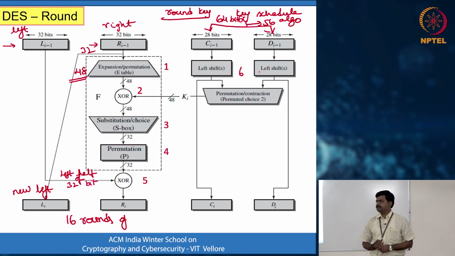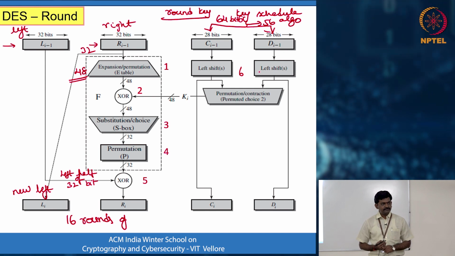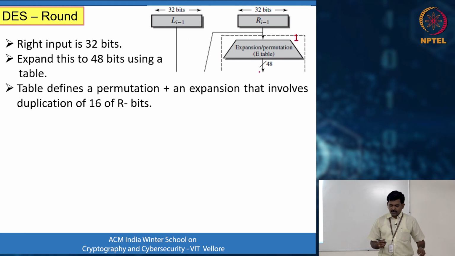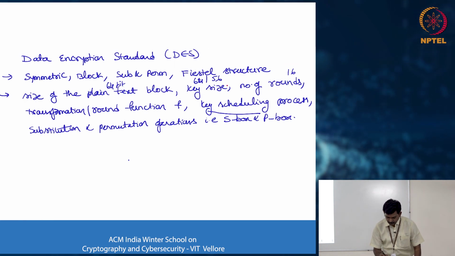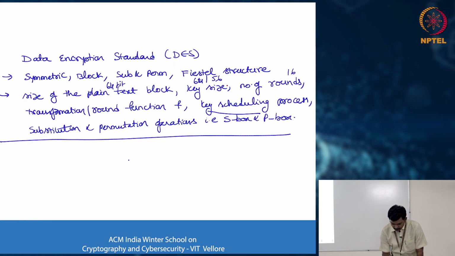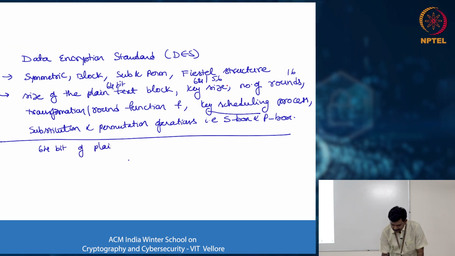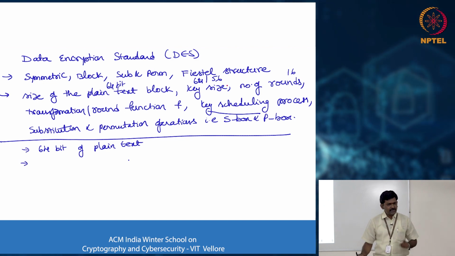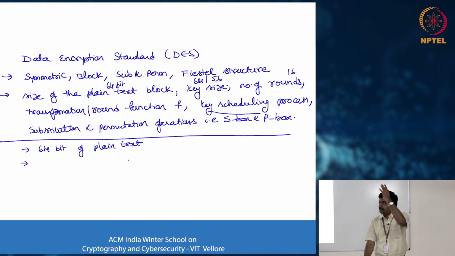So now, what is the first step we need to understand? How do you get your 32-bit right half expanded to 48-bit? So far what we did? 64-bit of plain text. Is it that always you will have one 64-bit of plain text? A given plain text will have n number of blocks.